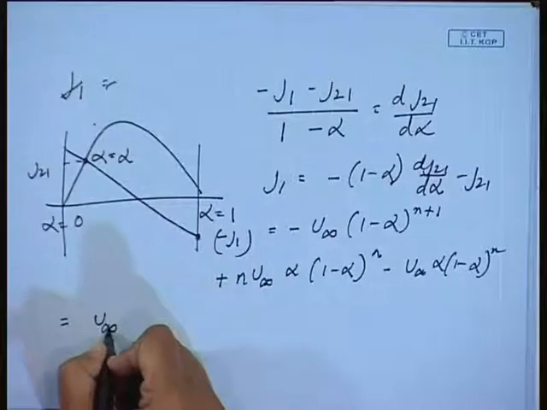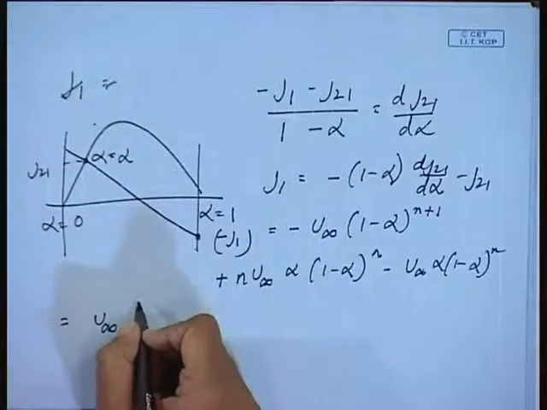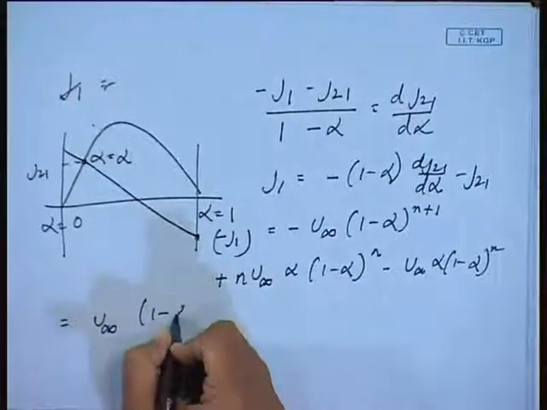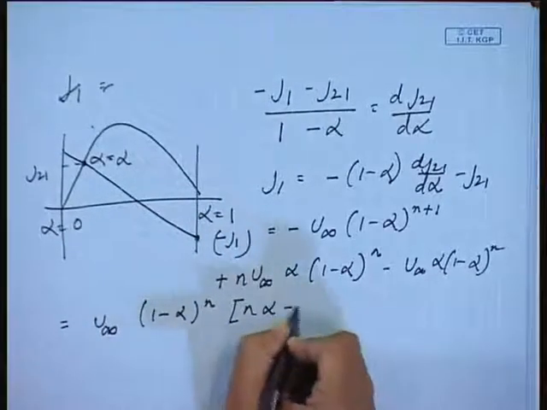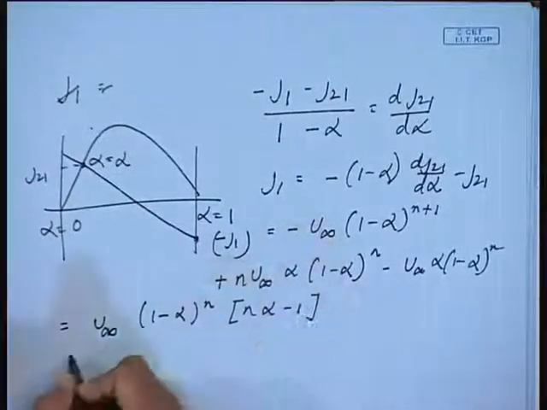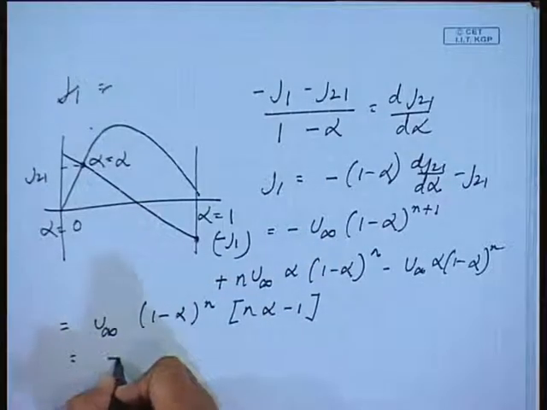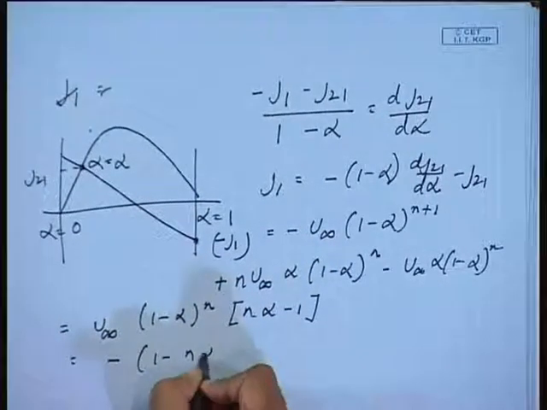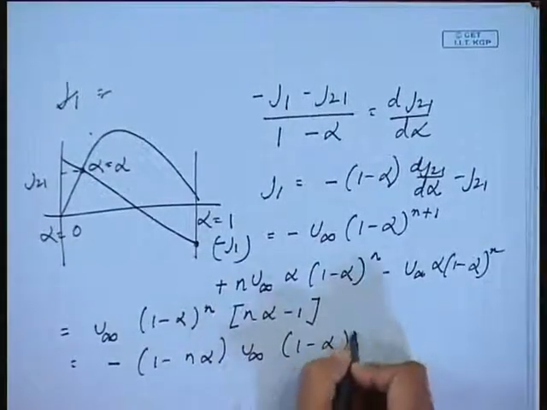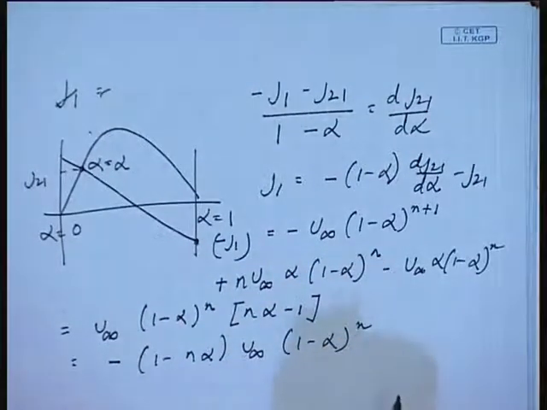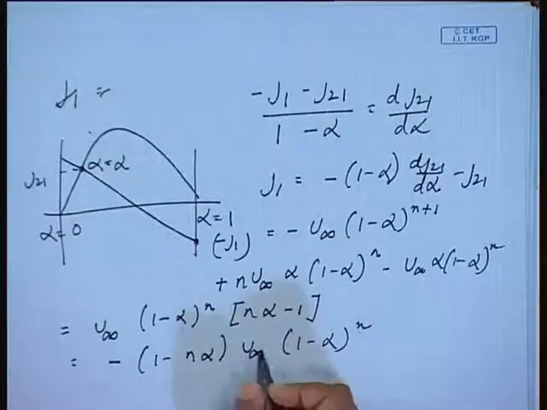So, this gives you u infinity into 1 minus alpha whole to the power n into n alpha minus 1, or in other words this can be minus of 1 minus n alpha u infinity 1 minus alpha whole to the power n. So, therefore, what do we find?